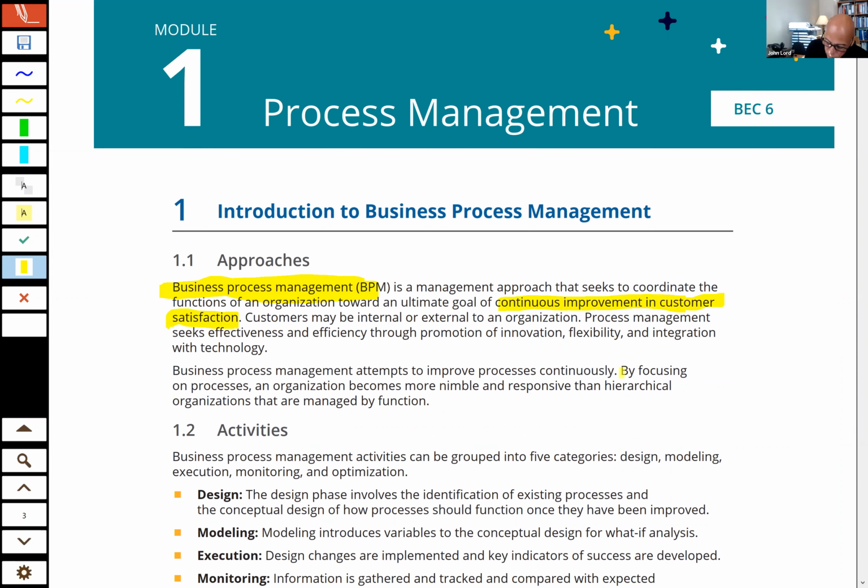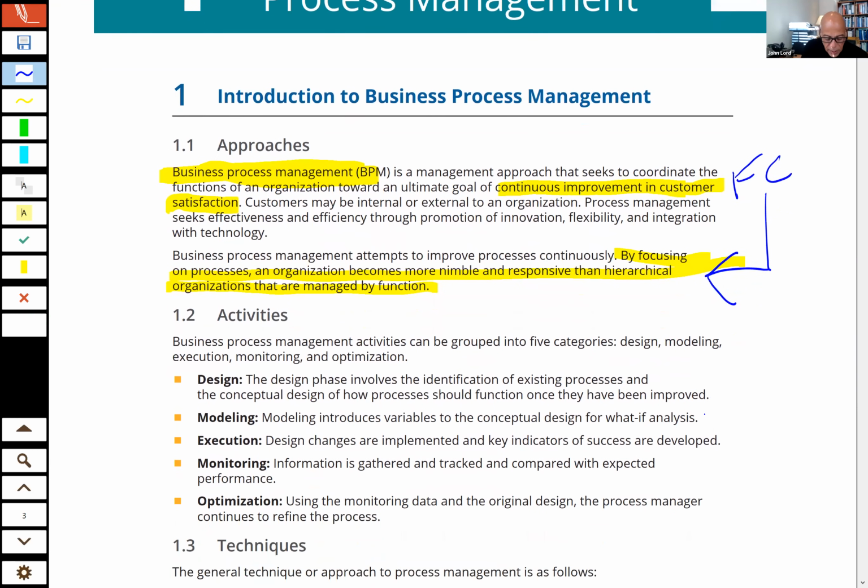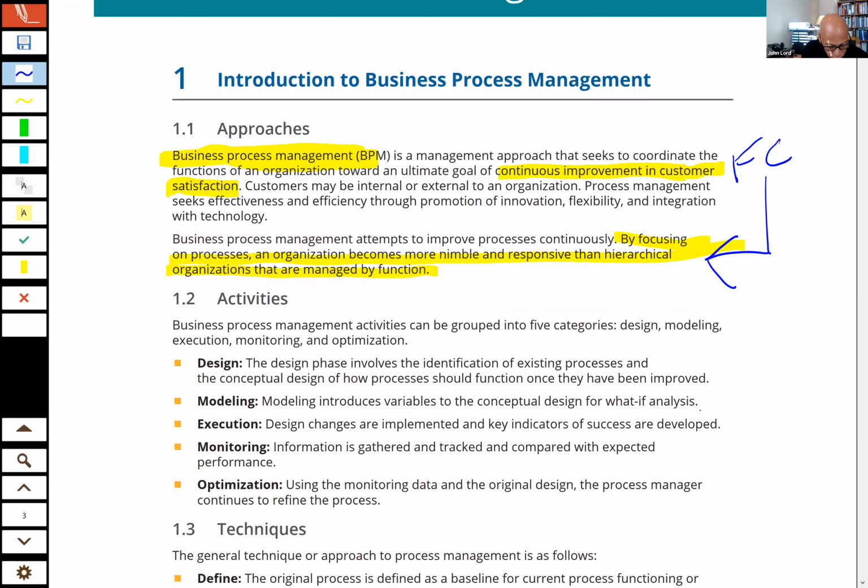And so we can see that by focusing on processes, an organization becomes more nimble and responsive than hierarchical organizations that are managed by functions. So we're going to manage ourselves in a manner that will allow us to exercise continuous improvement, and it is believed that that is a more efficient and more nimble way than a hierarchical organization approach.